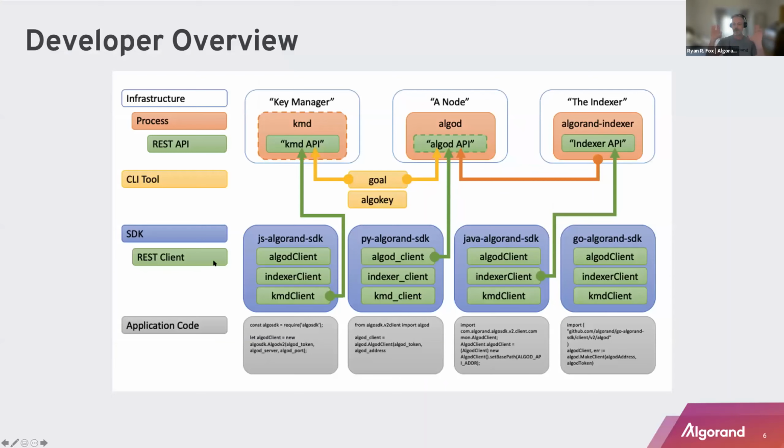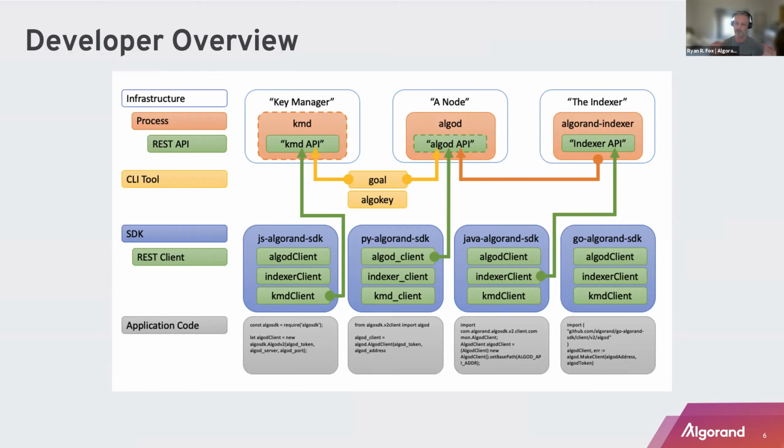This is a very busy slide, but this is what ultimately I'm going to show you, what you're going to interact with. Up at the top level, we're going to take a look at the infrastructure, which has to do with the nodes and key management, and then this indexer to pull data out of. As you go down this layered system, we're going to get into the tools there in yellow, and ultimately get into the SDKs in that blue line there.